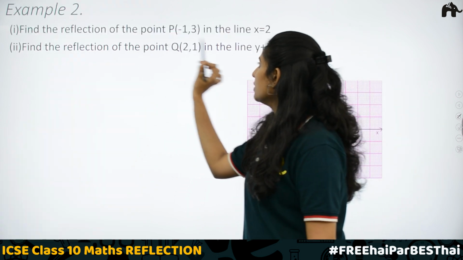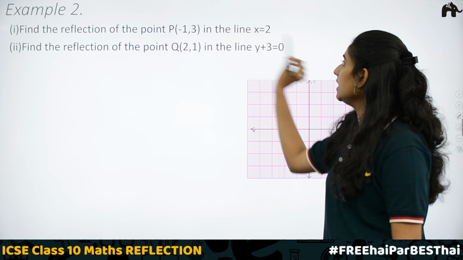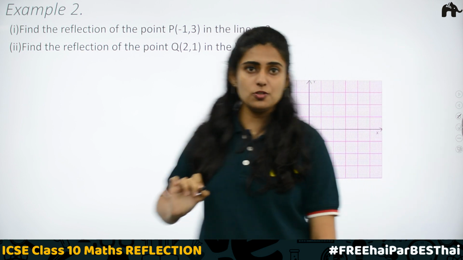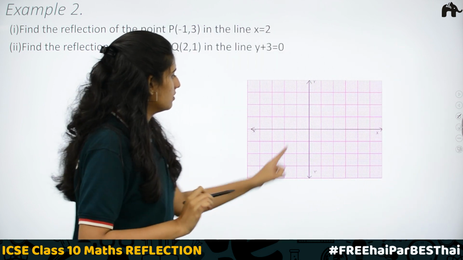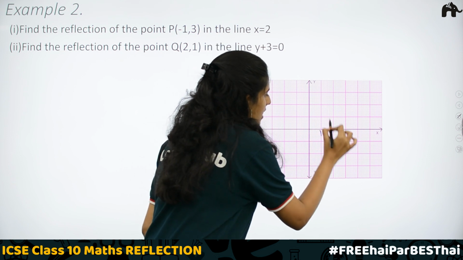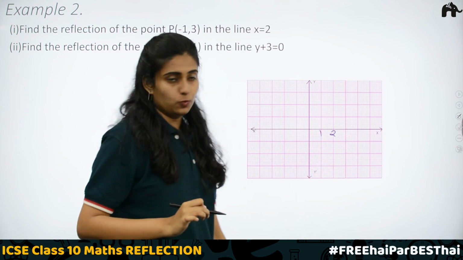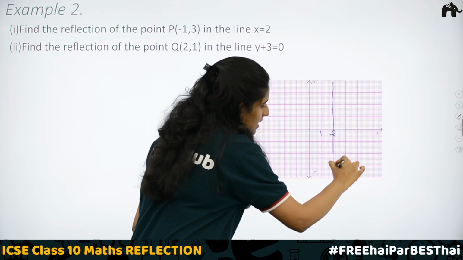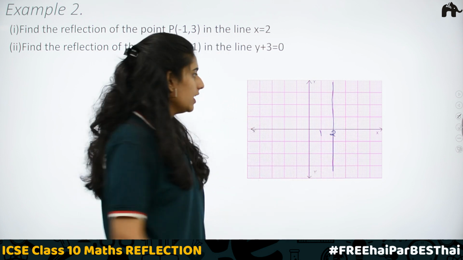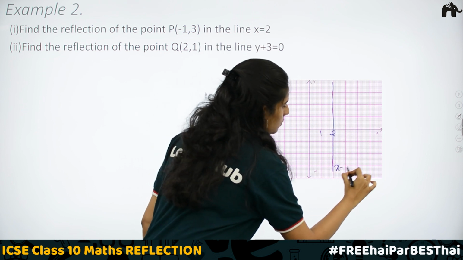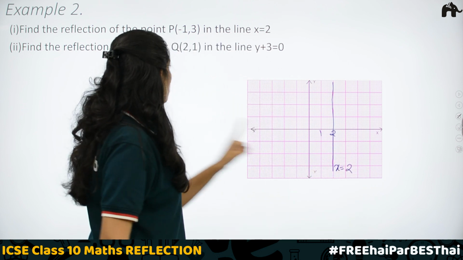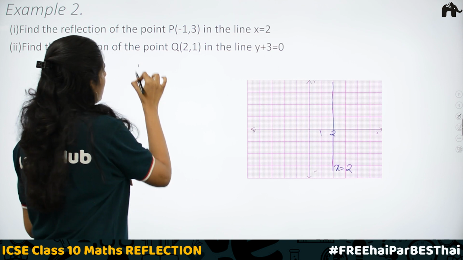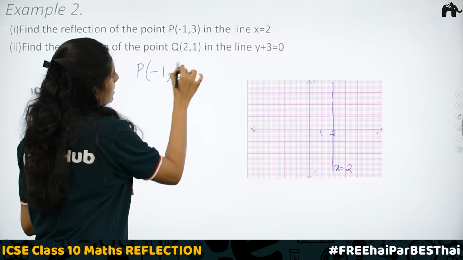Find the reflection of the point P minus 1, 3 in the line x is equal to 2. So, here x is 1 and this is x is 2, which means the line is passing through x is equal to 2. Okay. We got the line x is equal to 2. My point is P minus 1, 3.